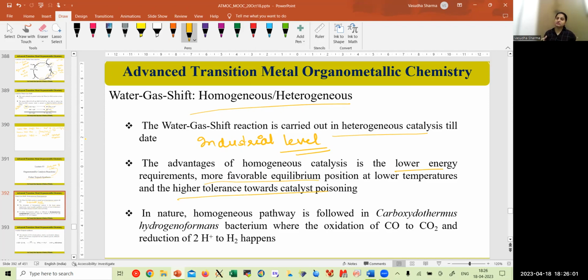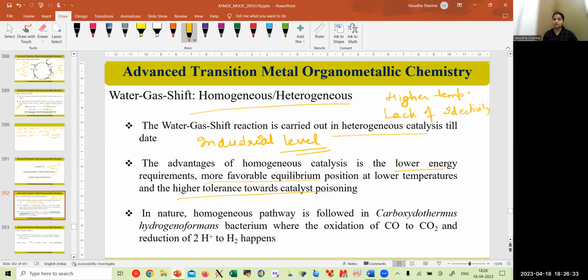The heterogeneous systems mainly have two drawbacks. Firstly, the requirement of high temperatures to activate the surface. And second, many active sites are there, so that would lead to a lot of products. So selectivity reduces. So higher temperatures and lack of selectivity are the main drawbacks for heterogeneous catalysis, and that's why homogeneous catalysis is now being taken into consideration and more complexes are coming into the picture.